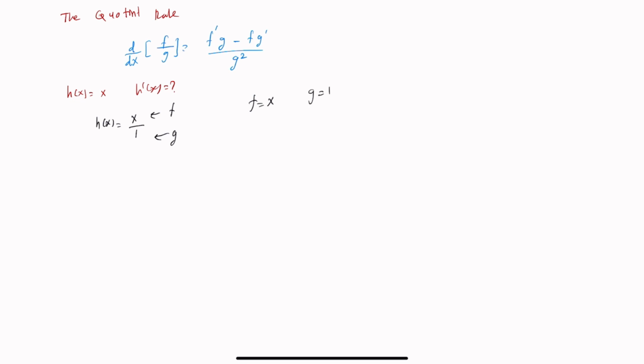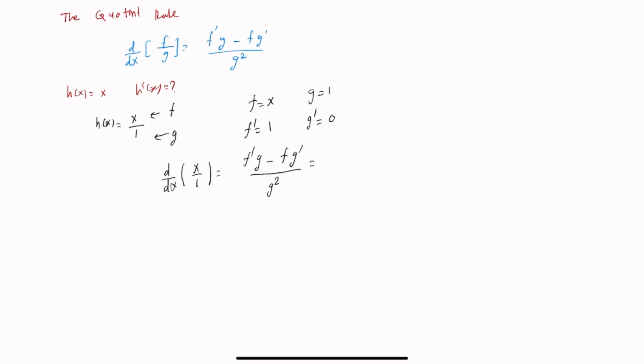Now I'm going to take the derivative of each. F prime here is going to be equal to 1 using the power rule, and then the derivative of a constant is just 0. Now I'm going to apply the quotient rule. This is going to be equal to f prime multiplied by g minus f multiplied by g prime over g squared.